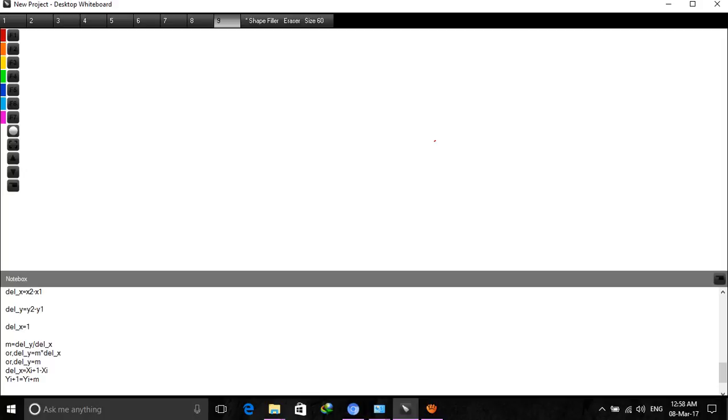So we get the two equations. Depending upon the value of m, we either choose del x as 1 or del y as 1.